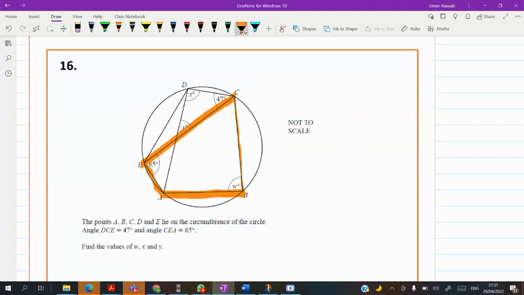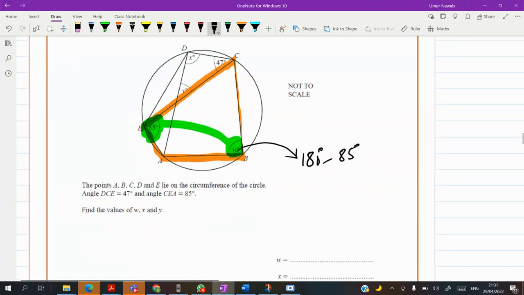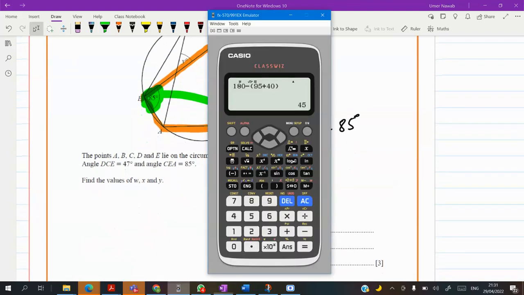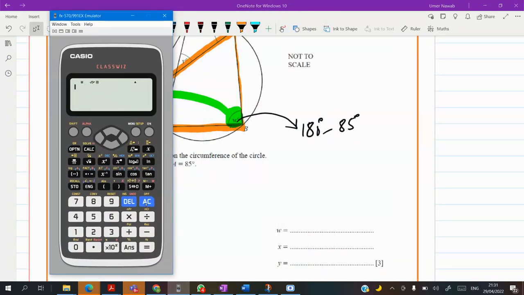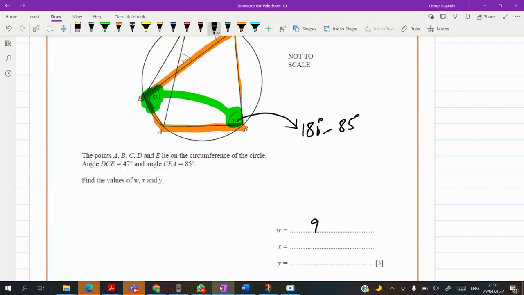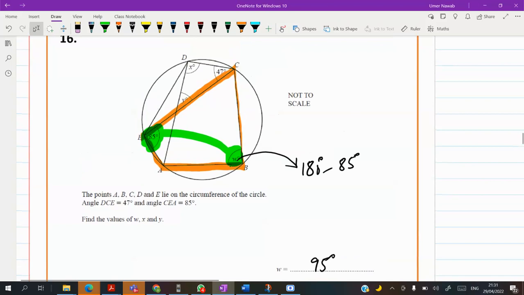So the opposite of E is W. 180 minus 85, the opposite angles in a cyclic quadrilateral are supplementary. The answer is 95. Let me show it to you from the calculator. It gives us 95.